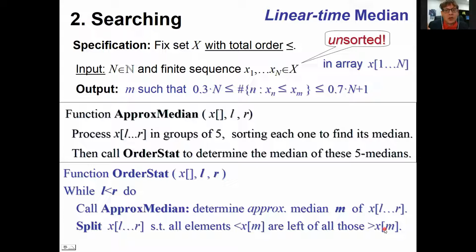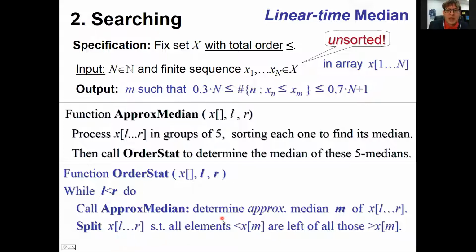So we don't sort. That's a very important observation. We don't sort, but here we put all elements that are smaller than the approximate median to the left half of the array, not half actually, and all that are greater to the right part of the array, right of the median. And I'm going to show you the algorithm that does that on the next slide, but let's now just suppose we have that algorithm and call it here.